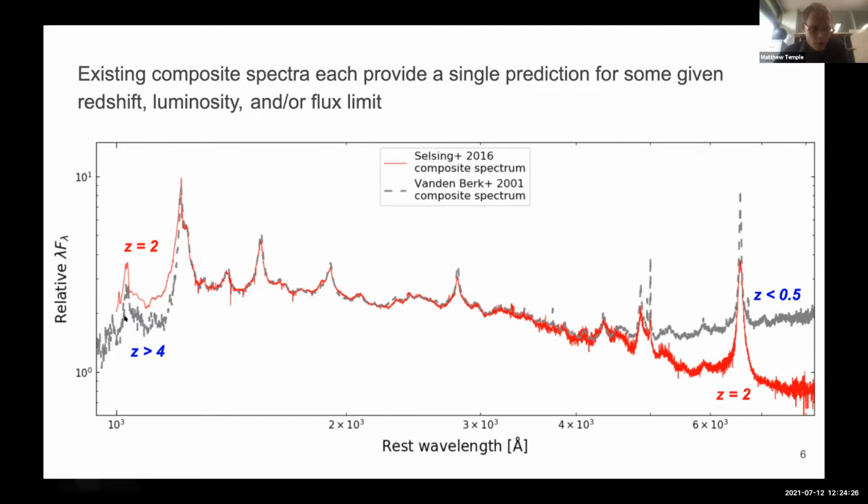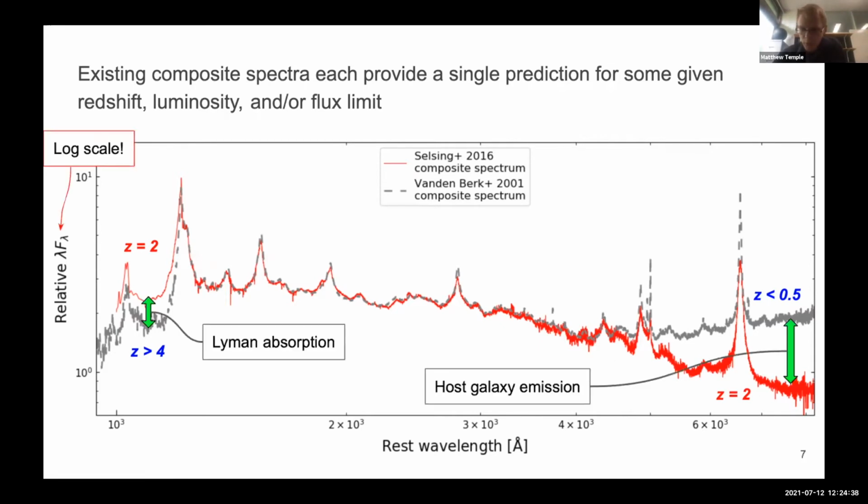But at very short wavelengths, there's quite a significant difference in flux, which is actually due to the IGM Lyman transmission. And at long wavelengths in the rest frame optical, there's a significant change in the continuum slope. This is due to the difference in luminosity, which is driven by the difference in redshift combined with the flux limit, but actually also the fact that the low redshift objects in this Vandenberg composite have much more contamination from the host galaxy. And just to emphasize, this is on a log scale on the y-axis, so this is quite a significant difference in flux.